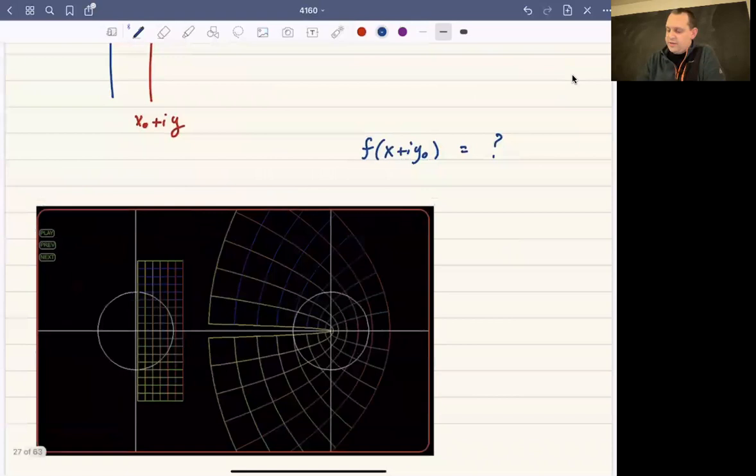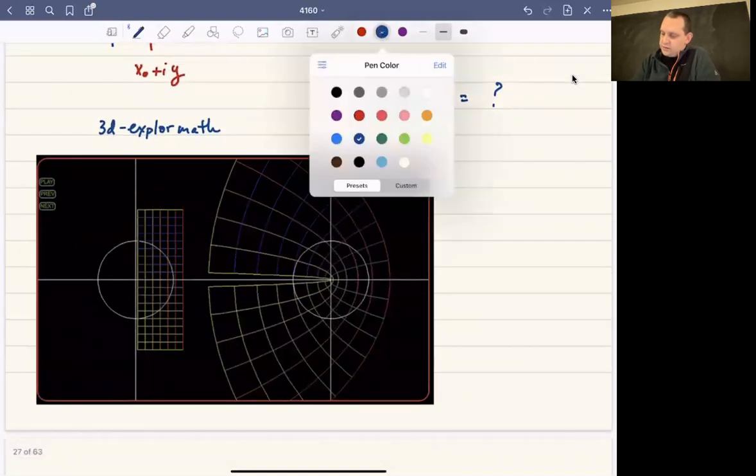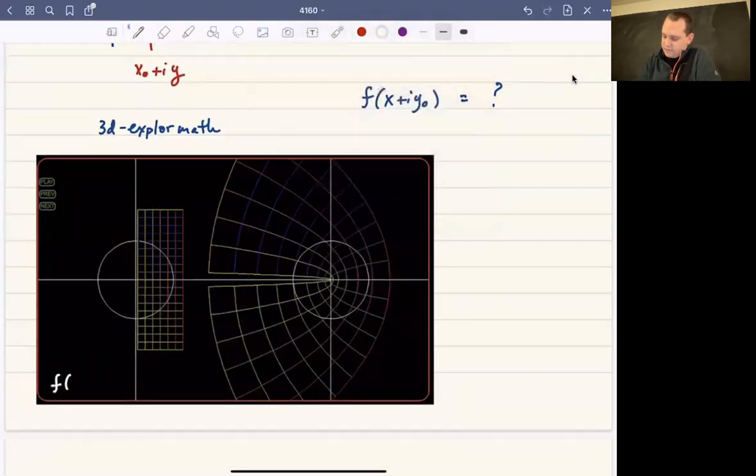Just to tell you where I got this, it is software called 3D Explore Math, which is an app developed by a pair of mathematicians at Brandeis University. And so this is the function f of z equals z². Okay, so f of z is z².